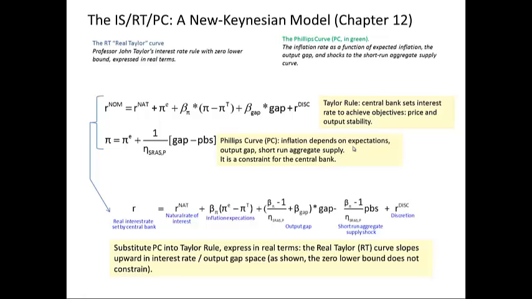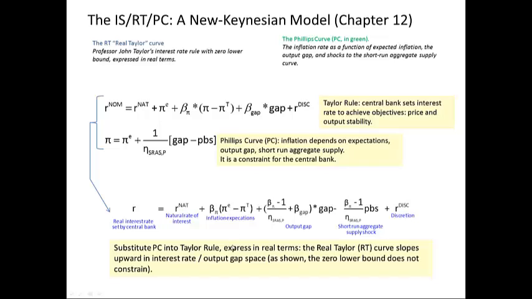Now the Phillips curve, which once again tells us that inflation is a function of expectations, the output gap, and shocks to the short-run aggregate supply curve, is a constraint for the central bank. If the central bank wishes to reduce inflation and the output gap is positive, the central bank needs to raise interest rates so as to reduce aggregate demand and hence the output gap.